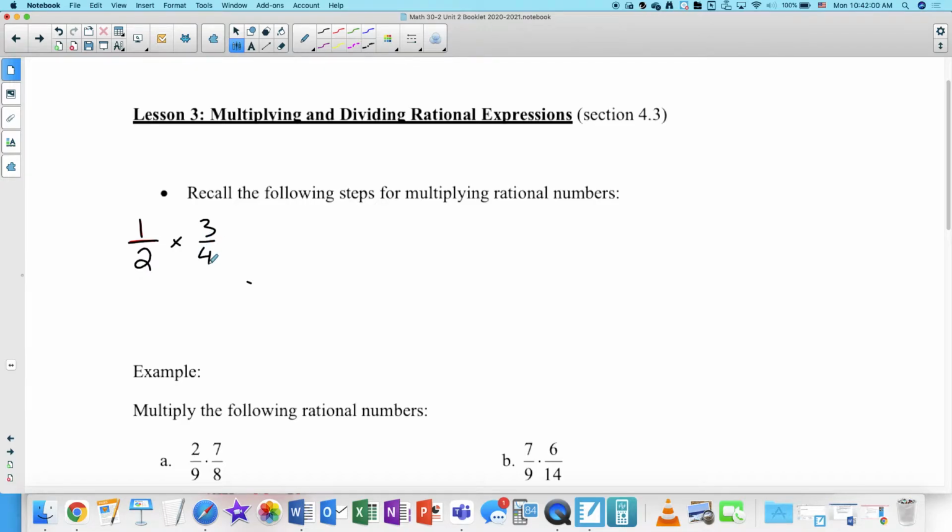How do we multiply rational numbers? What do we do? Correct. We multiply numerators and we multiply denominators. And essentially, why does this work?